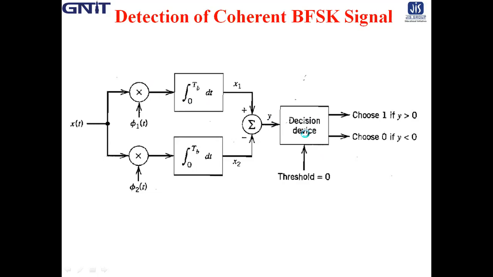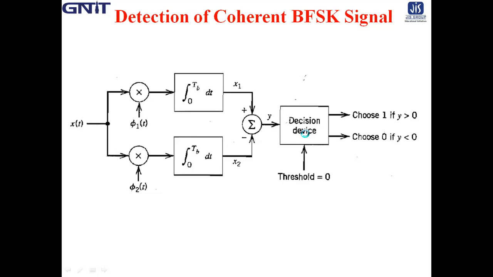On the other hand, if y is less than 0, it decides in favor of symbol 0. If y is exactly 0, the receiver makes a random guess in favor of 1 or 0.